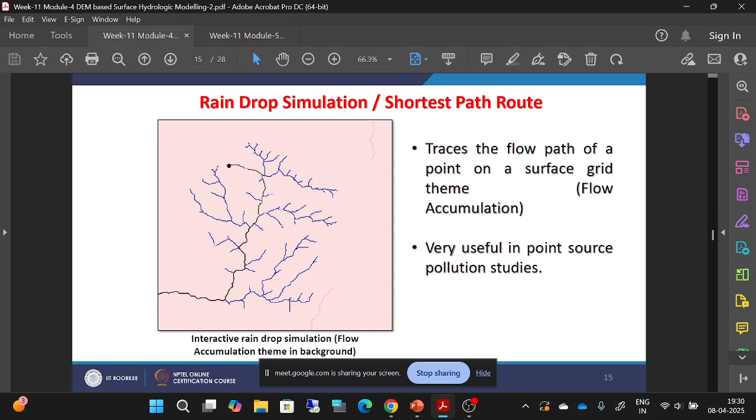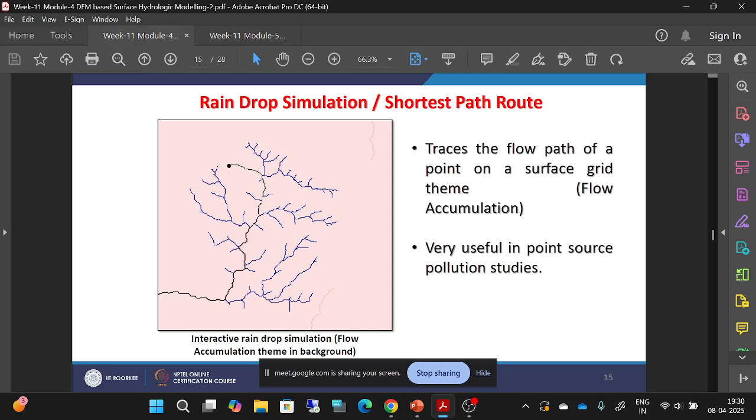And here we have a raindrop simulation or the shortest path route. What we're trying to say is if we drop a single drop of water like this over here, then over a flow accumulation theme, it will show which path it will flow to come out of this outlet.